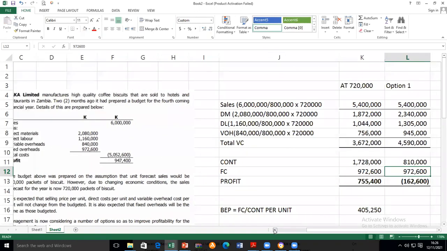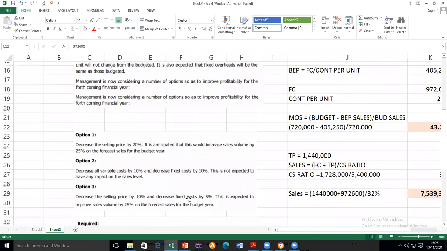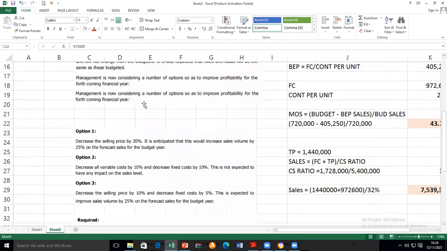Let's just read here. The management now considers options to improve profitability for the coming year. Decrease the selling price by 20%. It is anticipated that this would increase sales volume by 25% on the forecast sales for the budget.